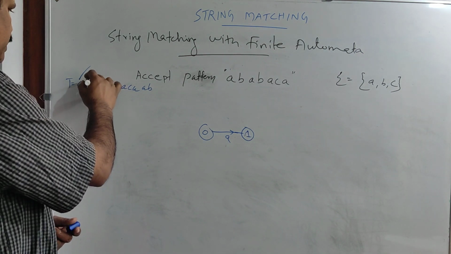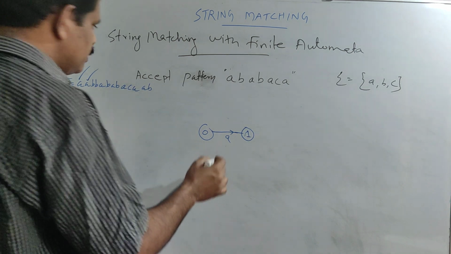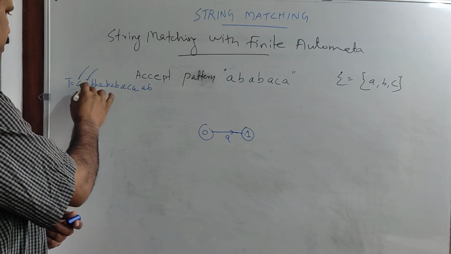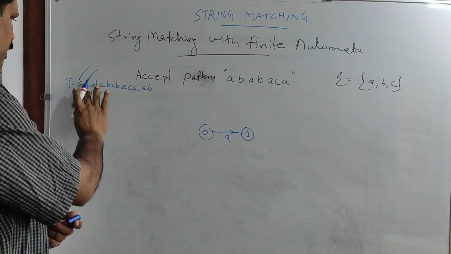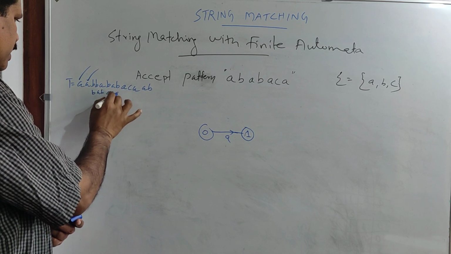Then the next character in the string is again A. Okay, so on getting an A, there is a chance that after this the pattern may be A B A B A C A instead of this.